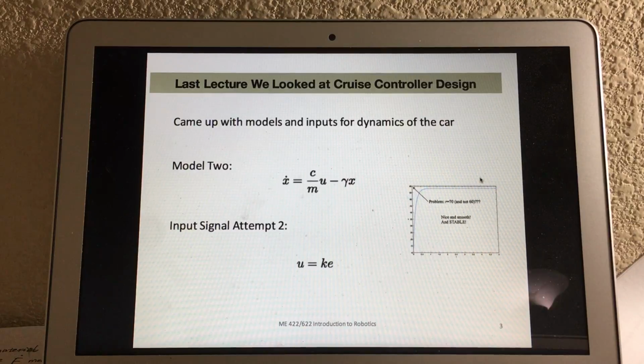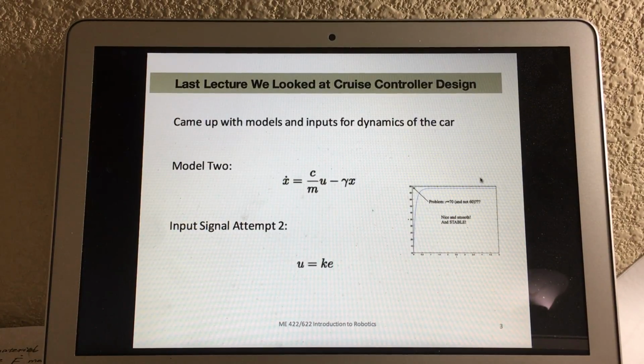And we saw that in the real model for the car, there should be a resistance from the air, which should be taken into account. The result is, if we use this proportional input, the car does not reach the reference speed when everything stabilizes.